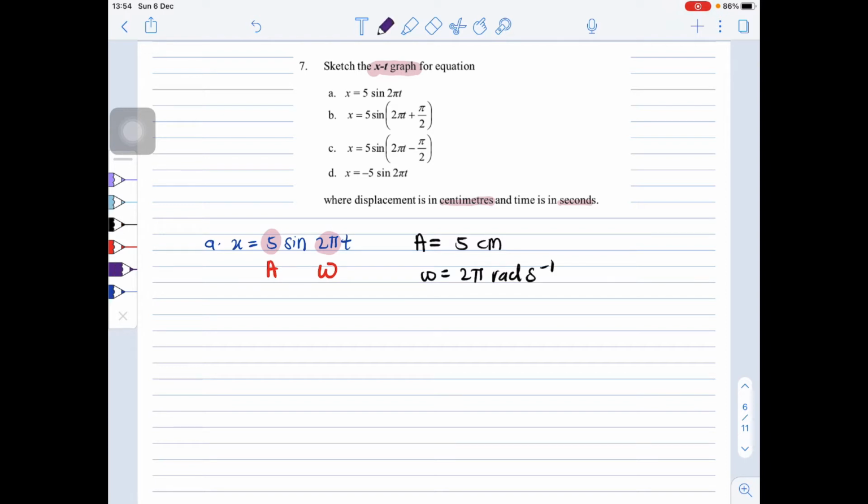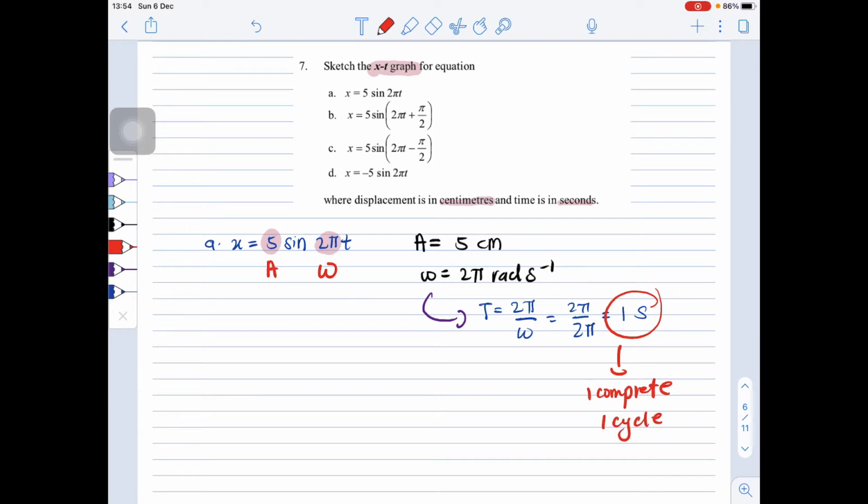And from this, we actually can find the value of period, which is 2 pi divided by omega, which is 2 pi divided by 2 pi, which is equal to 1 second. So for one complete cycle, the period will be 1 second.